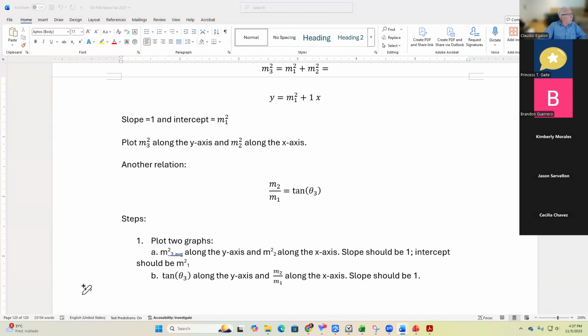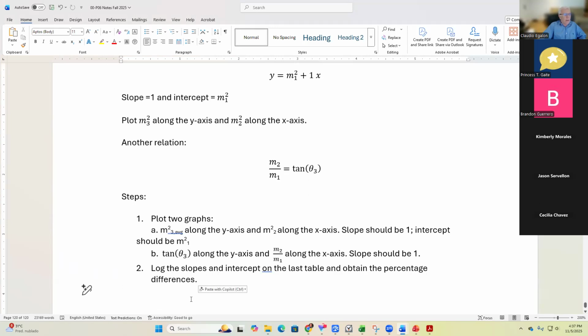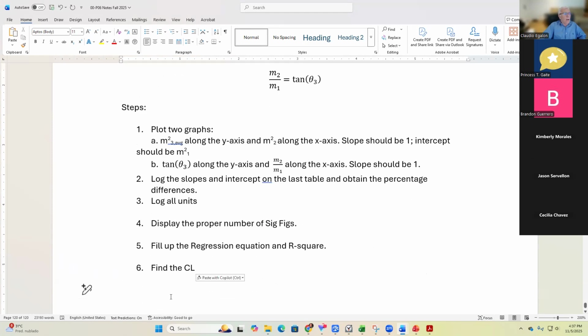Okay, what else do we have to do? Log the slopes and intercept on the last table. Obtain the percentage difference. Okay. Type all units.